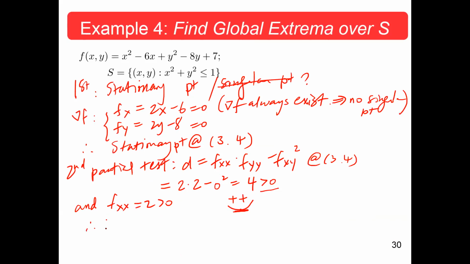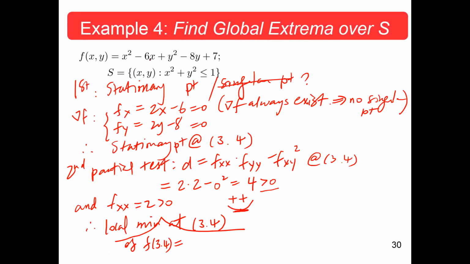So local min at (3, 4). And we can further get the local min value, f of (3, 4). Let's calculate this local minimum value.